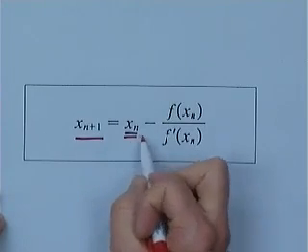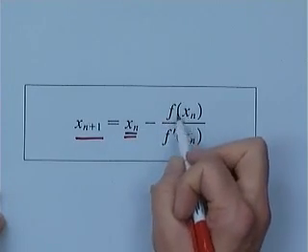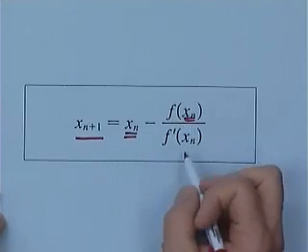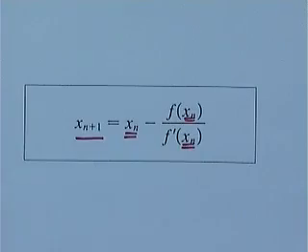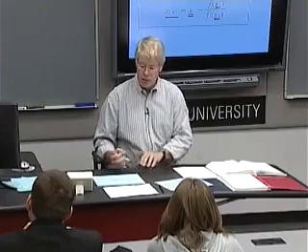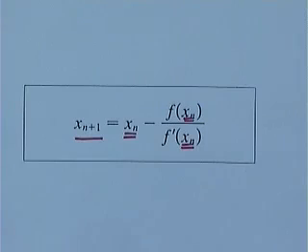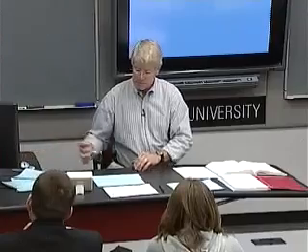You can take the old one minus this fraction, the function at the old one over the derivative at the old one. So you're basically using the prior answer to generate a new answer. You can do this process as long as you need to for the conditions in the problem. So there's Newton's method, or the Newton-Raphson method.